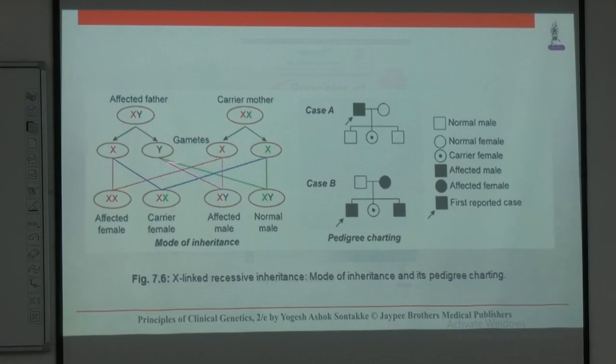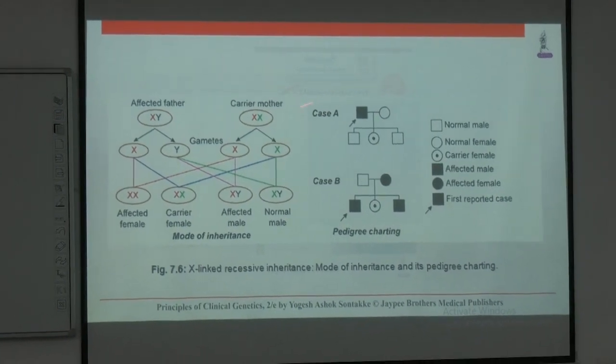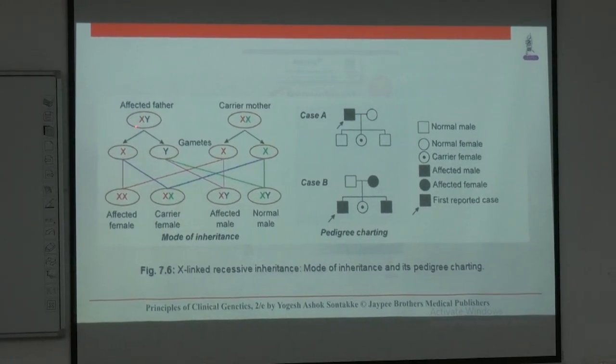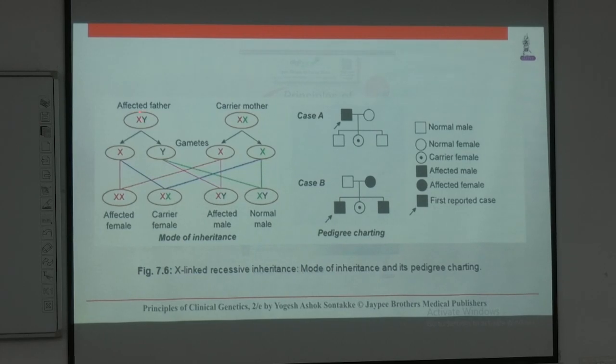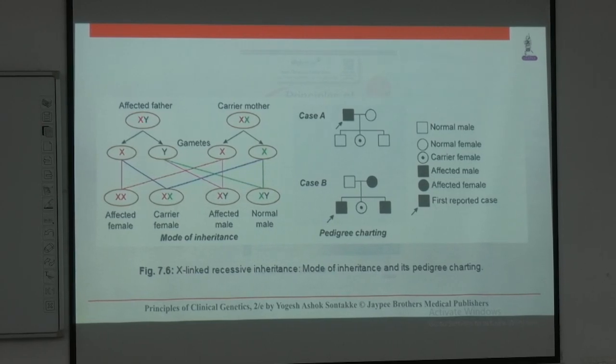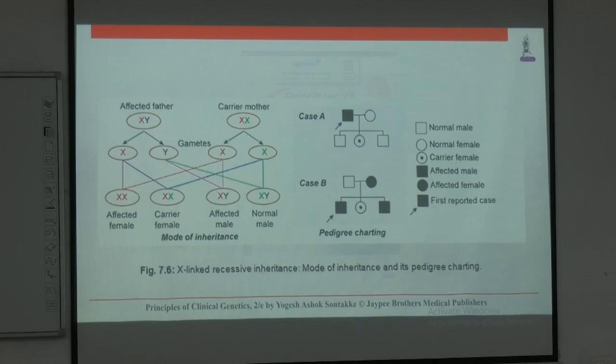So here we have this particular X and Y, affected father, affected mother, you can see. The father is affected, which is red here, and the mother is a carrier, one of them is healthy and one of them is crossed red. So from the father, this diseased X is coming, and from the mother, one diseased and one healthy X is coming.